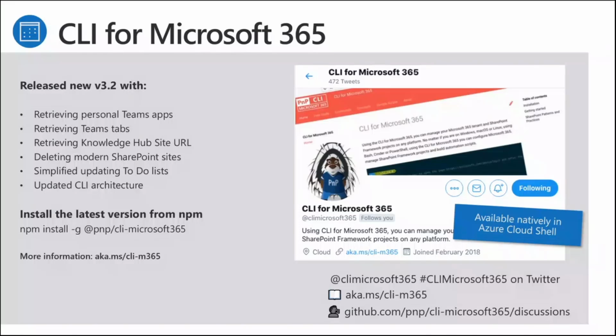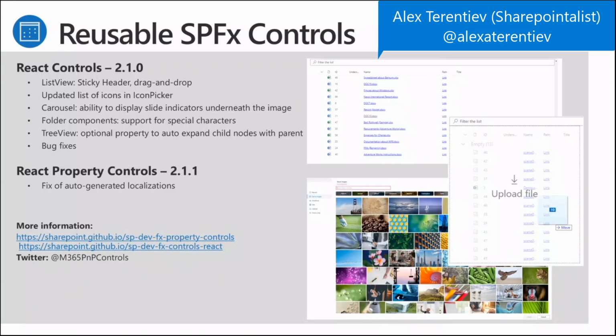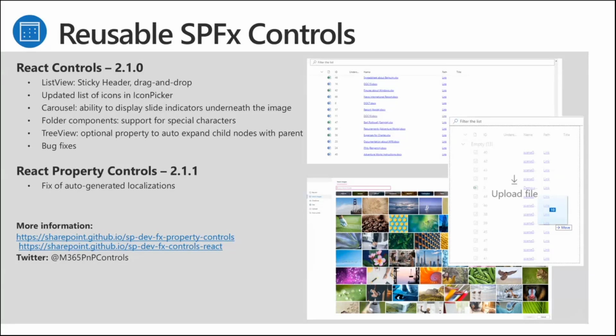All right, and now reusable components update. Alex? Yes. So not many updates. We released the new version for React property controls 2.1.1, and basically there is only one fix of auto-generated localization.